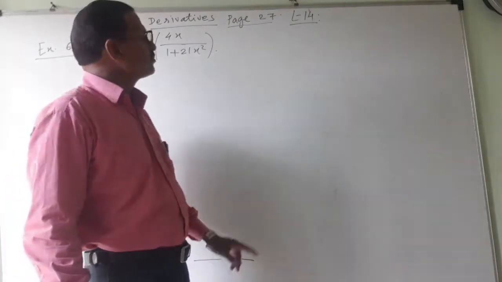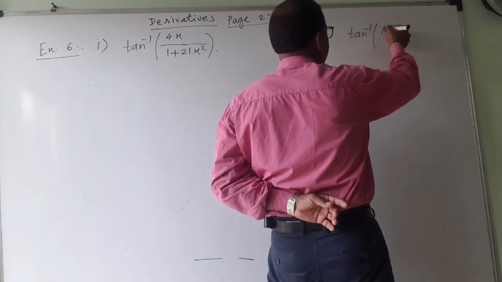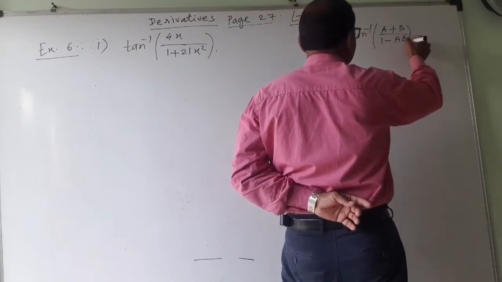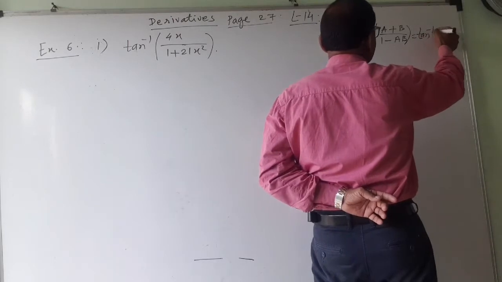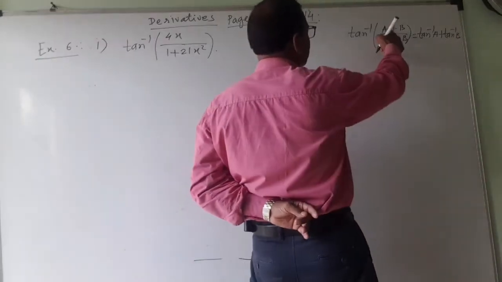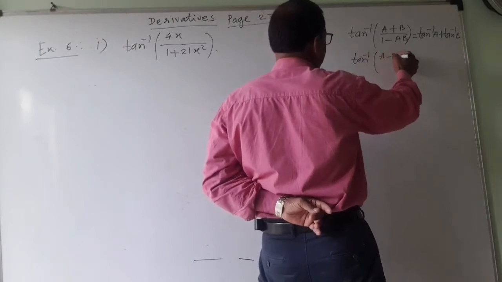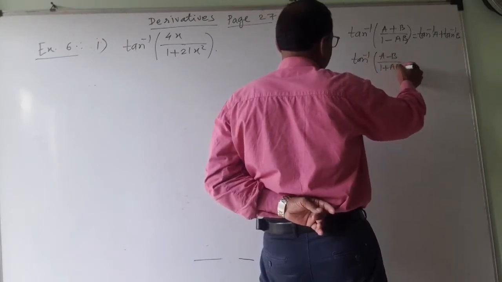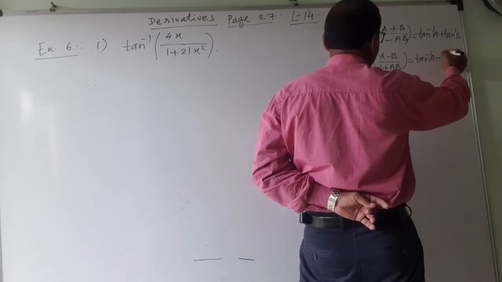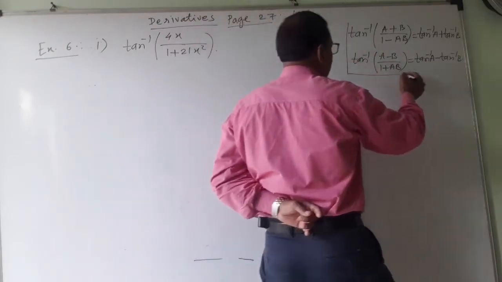So now some formulae you need: tan inverse of (a plus b) upon (1 minus ab) is equal to tan inverse of A plus tan inverse of B, and tan inverse of (A minus B) upon (1 plus AB) is equal to tan inverse of A minus tan inverse of B. See the change in the sign.